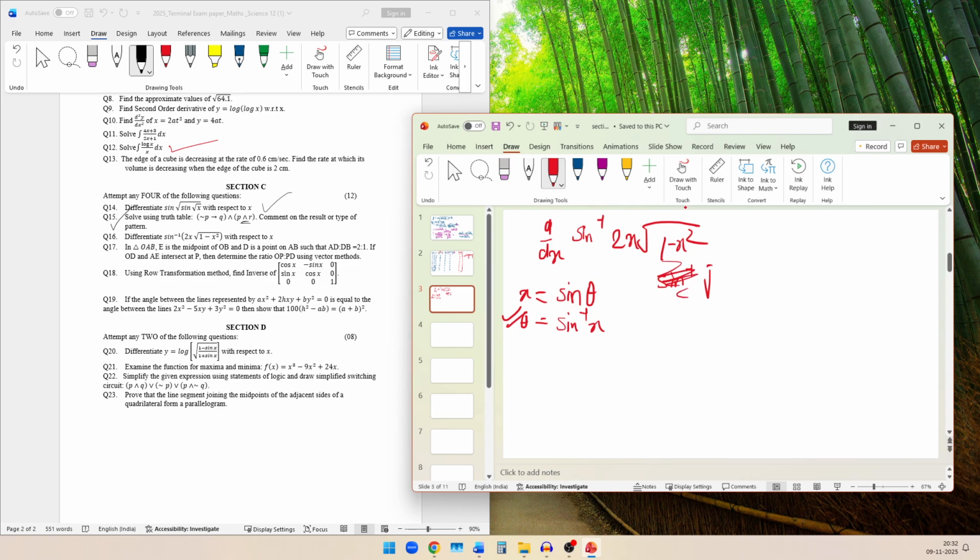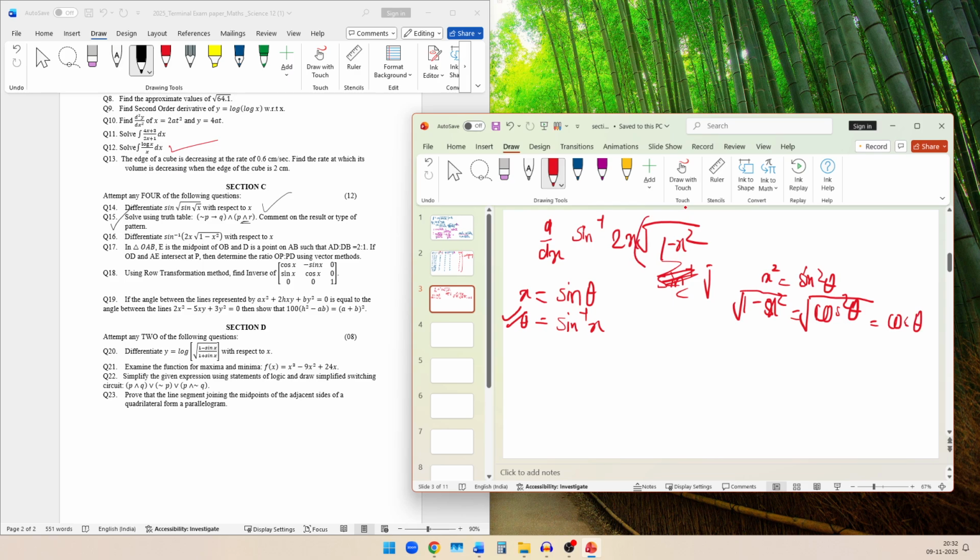So if x is sine theta, then x square should be sine square theta. 1 minus x square should be 1 minus sine square theta. 1 minus sine square theta is cos square theta. Square root of 1 minus x square is square root of cos square theta. That should be cos theta.